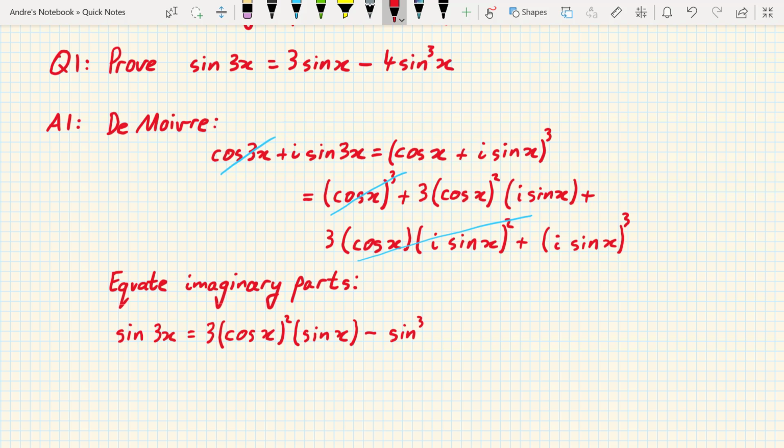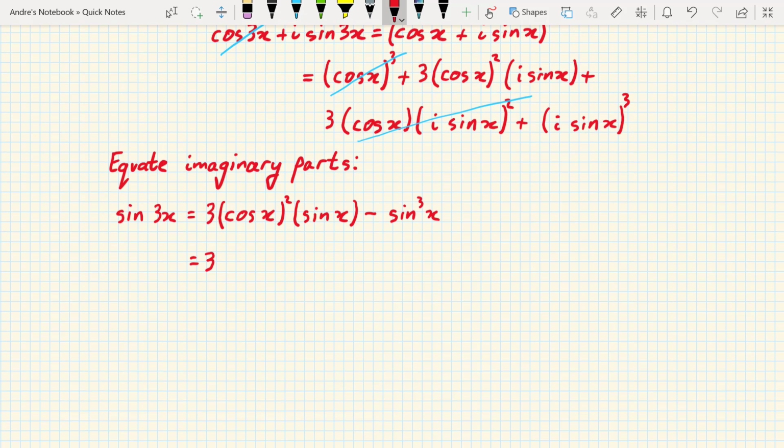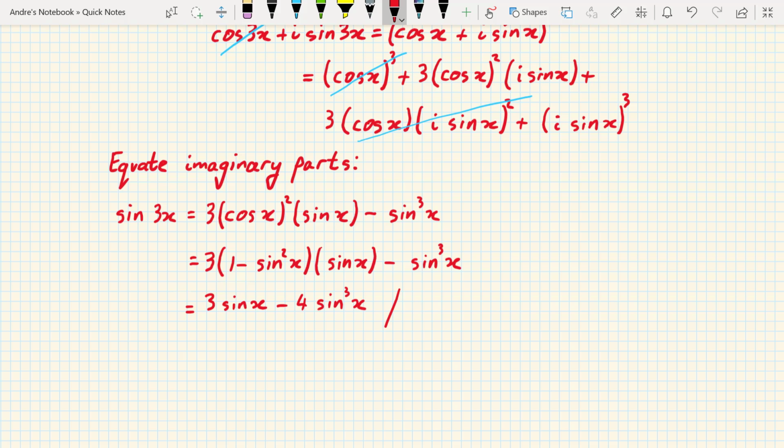If we replace cos squared x by 1 minus sine squared x in the right-hand side, that gives us 3 times (1 minus sine squared x) times sine x minus sine cubed x. Expand the brackets and combine terms and you get the required result, namely that sine 3x is 3 sine x minus 4 sine cubed x.